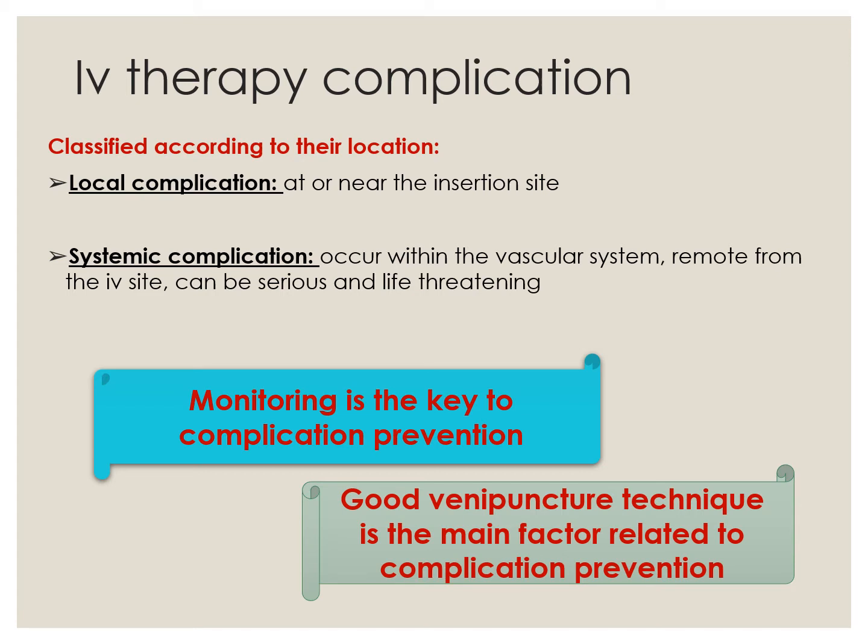Another thing is your technique. If you perform a good venipuncture technique, then you will prevent some complications which will be discussed later. So again, I will emphasize the types of complication.